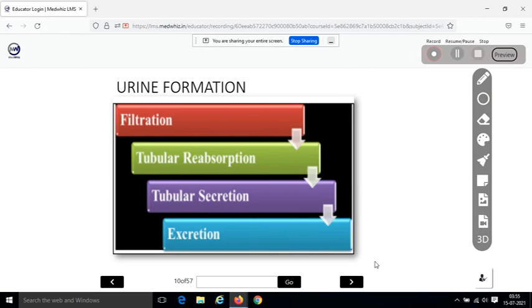Now, urine formation, how does it occur? It occurs by filtration, tubular reabsorption, tubular secretion, and finally excretion.